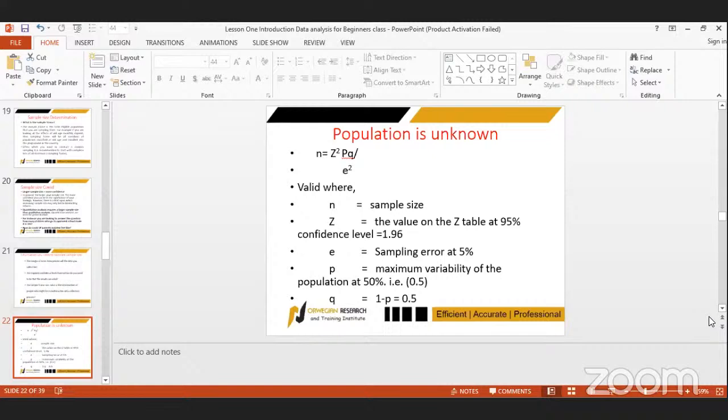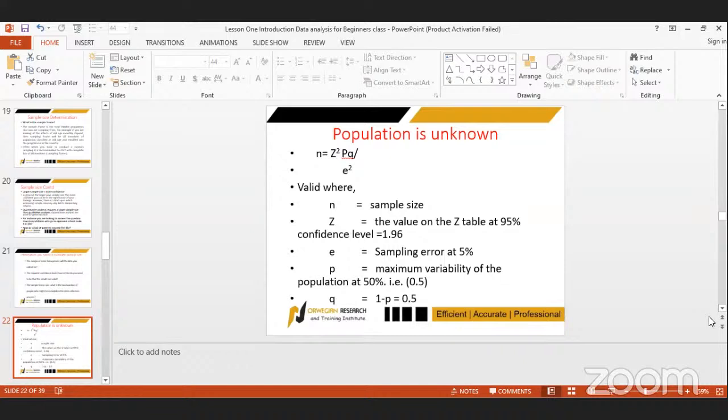So this is the formula that we normally use when the population is unknown: n equals z squared times p times q divided by the margin of error squared, where n is the sample size, z is the value from the z table at 95% confidence, which normally is 1.96, which means you are supposed to take 1.96, square it, and multiply by p, where p is the maximum variability of the population. And when we don't know the variability of the population, we normally estimate 50% of it.